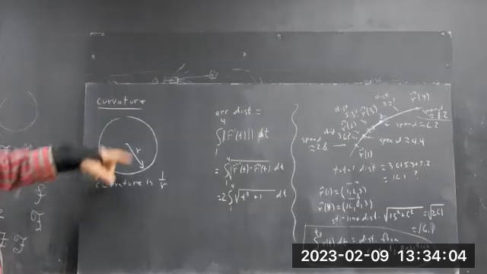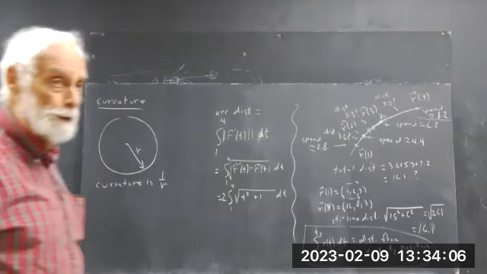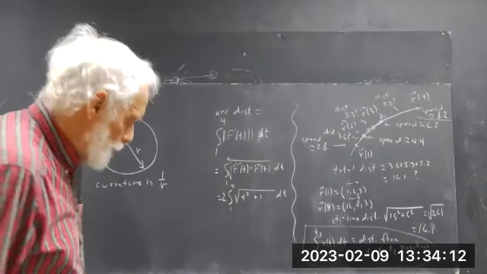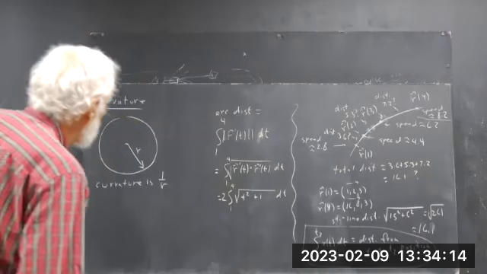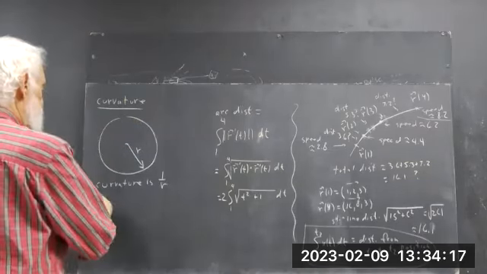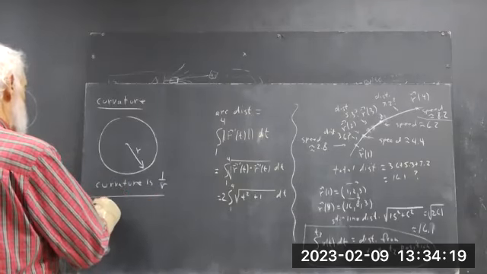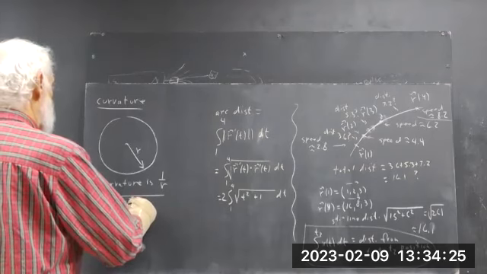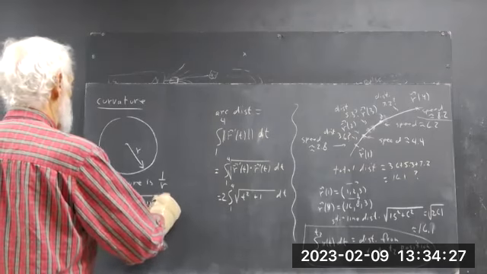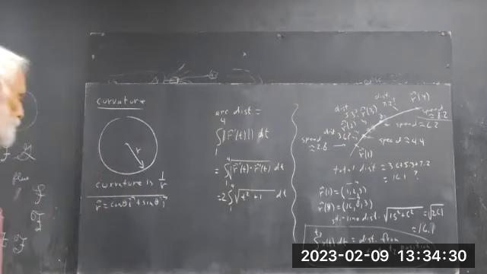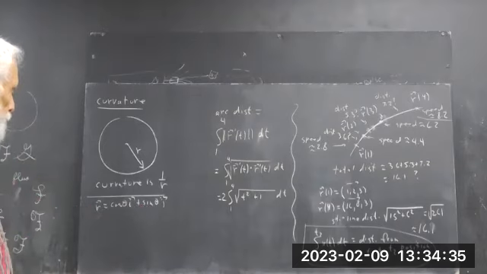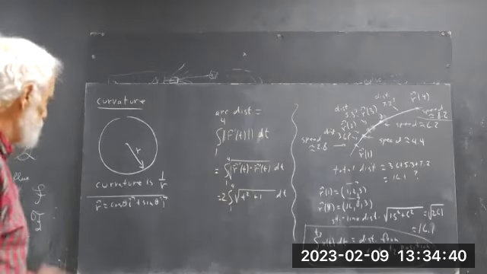Start with the idea that the curvature of a circle is 1 over r. Okay. Now, let's say r equals cosine theta i plus sine theta j.